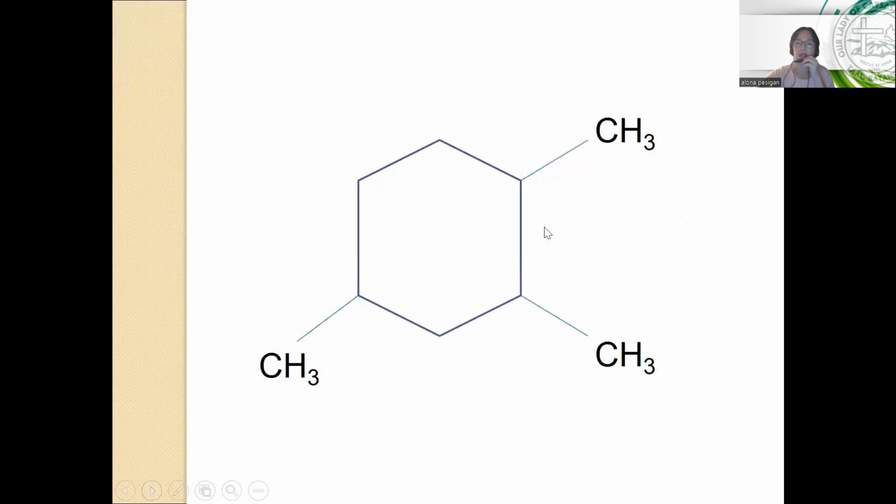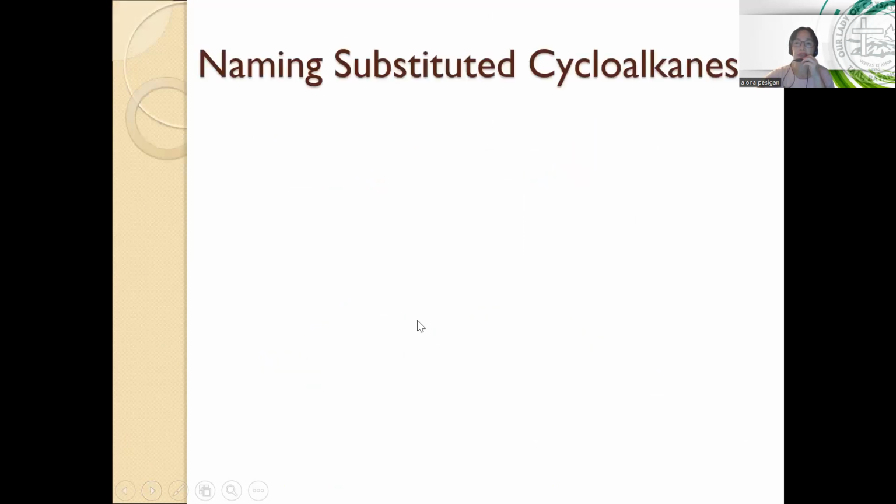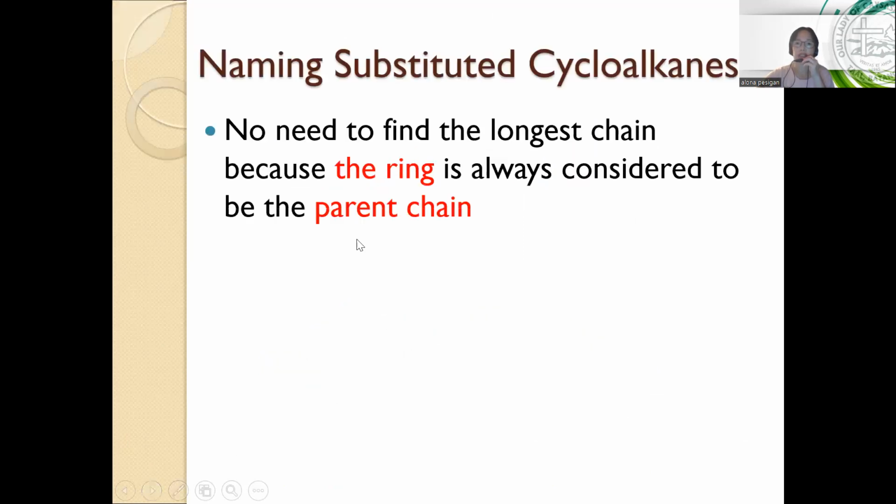So how are we going to name cycloalkanes? For example, this is the example. In naming substituted cycloalkanes, there's no need to find the longest chain. Why? Because the ring is always considered the parent chain, whether it's propane or butane or pentane.